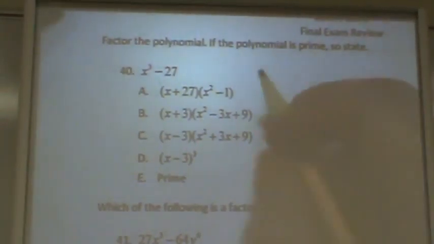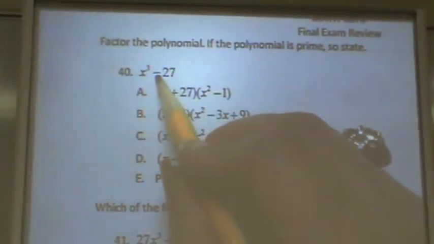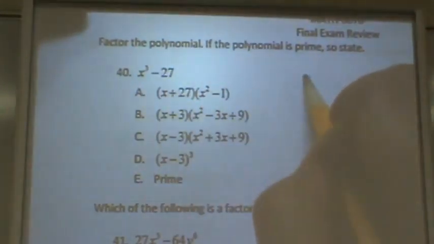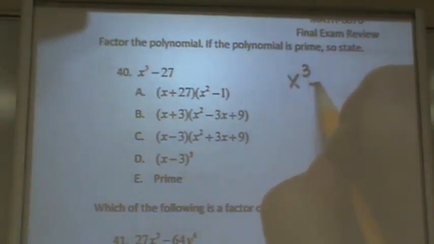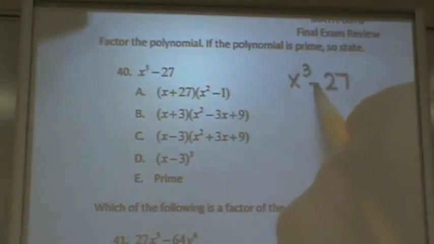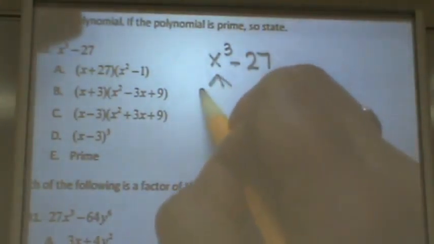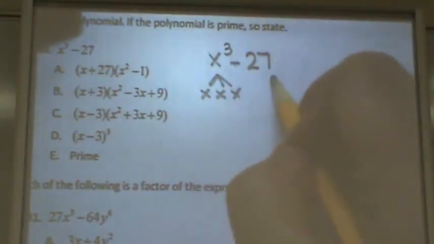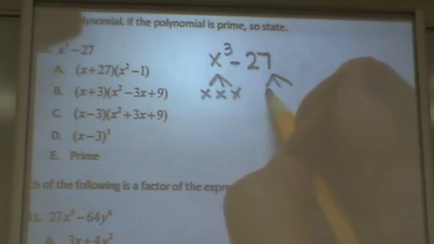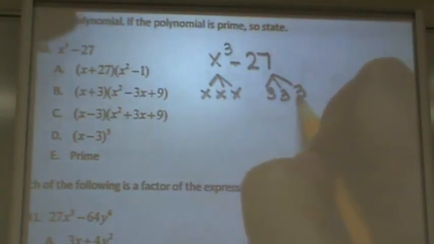Okay? This next one is the difference of two perfect cubes. And this is how this one can be either a subtraction or an addition. So what I do on this one is, this is two perfect cubes. How do I know that they're two perfect cubes?